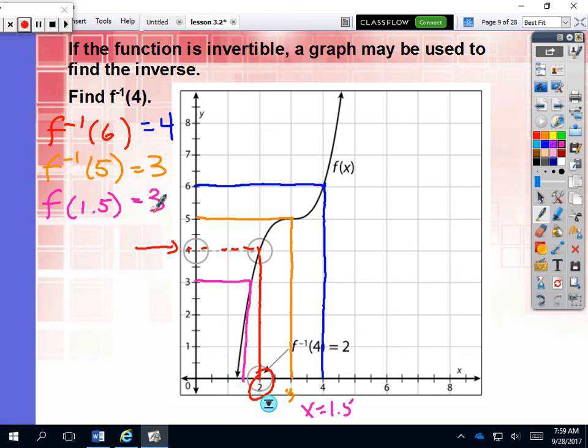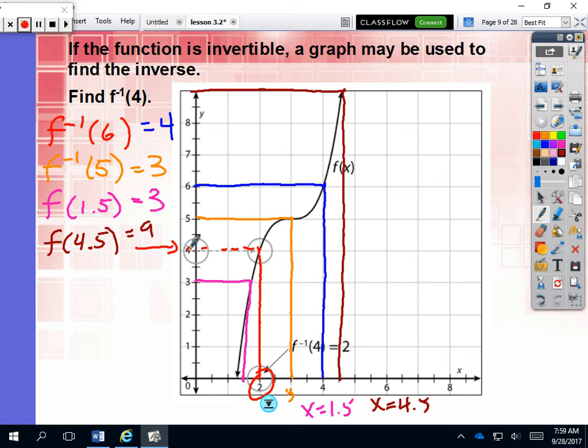And now the last one, f of 4.5. So now I'm looking for x equals 4.5. So I go to 4.5, go up, and I'm not going to draw it straight, but I'm pretty good. And then over to the y-axis, and it looks like that would be 9.